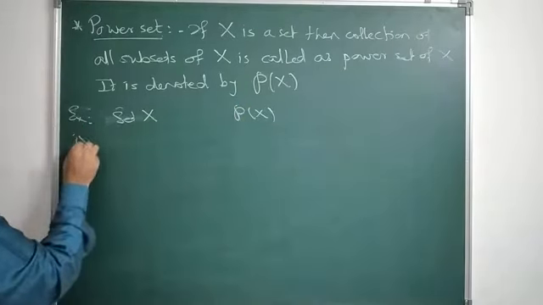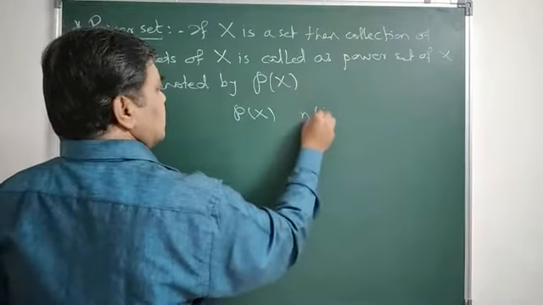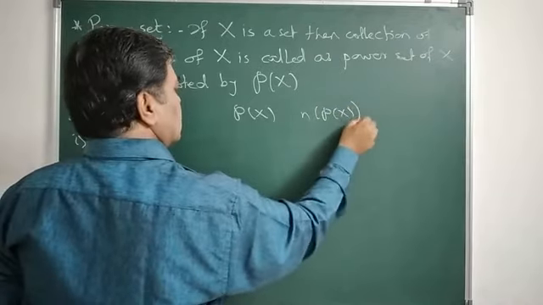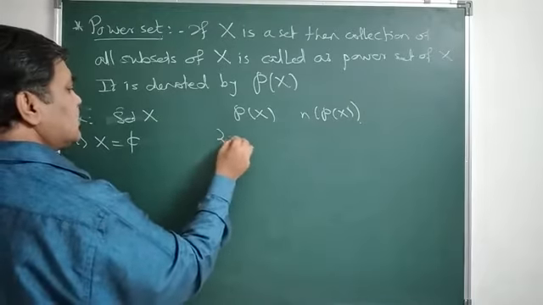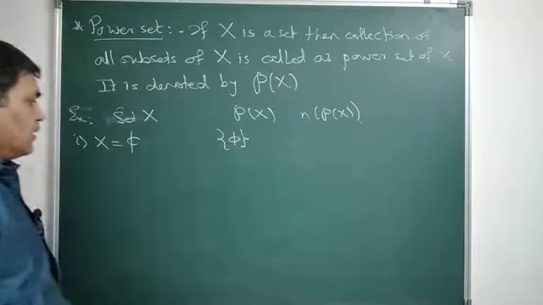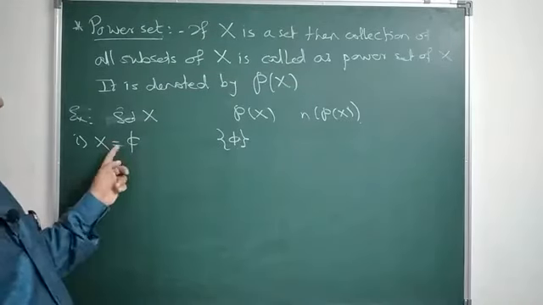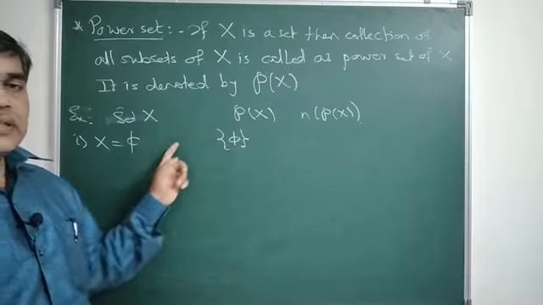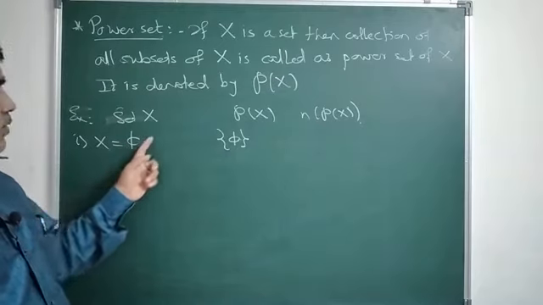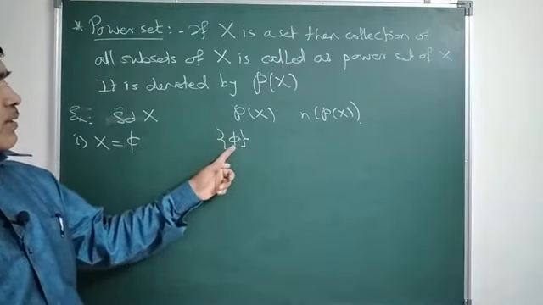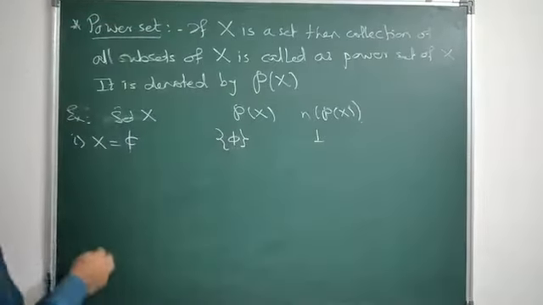First, X is equal to the empty set. Number of elements in the power set of X: the power set of X contains just the empty set, since the empty set is a subset of itself. So the number of elements in the power set of X is 1.